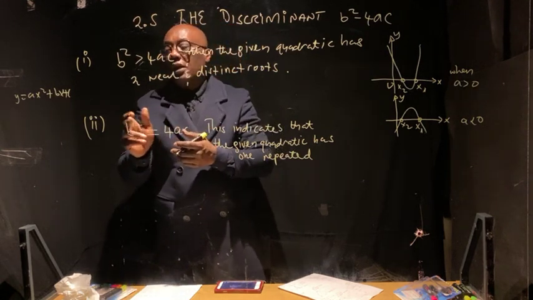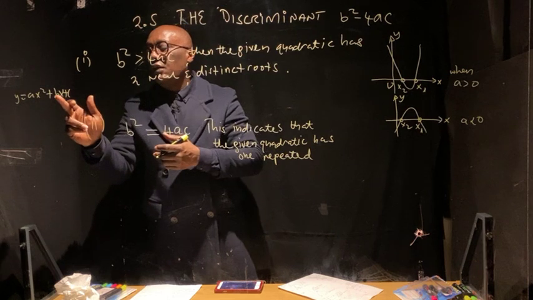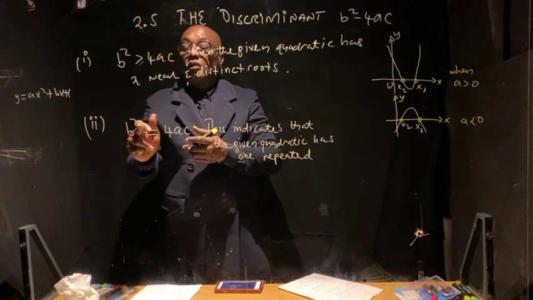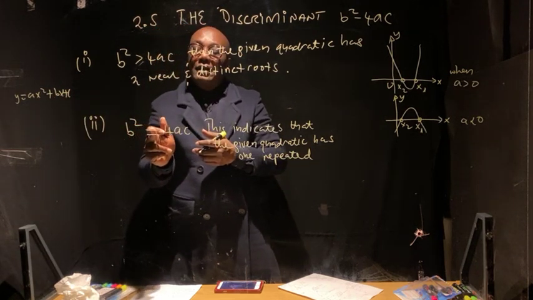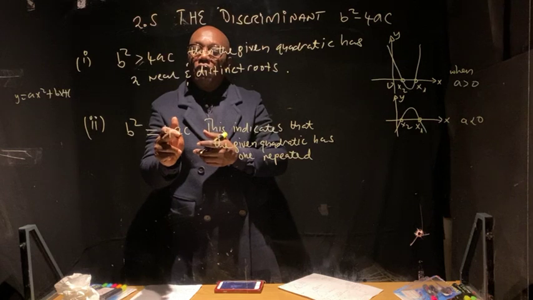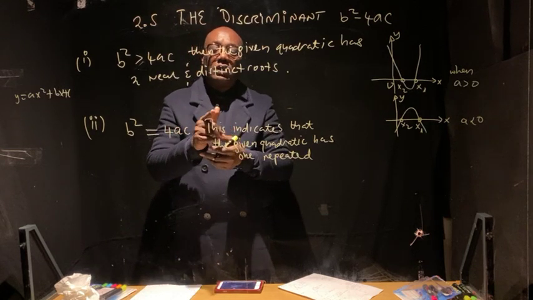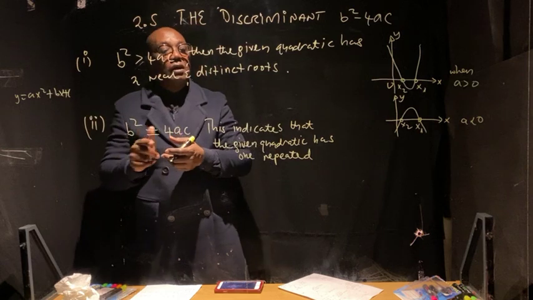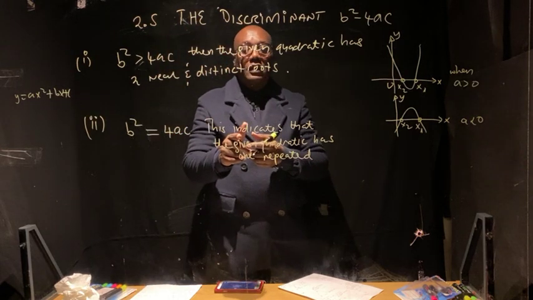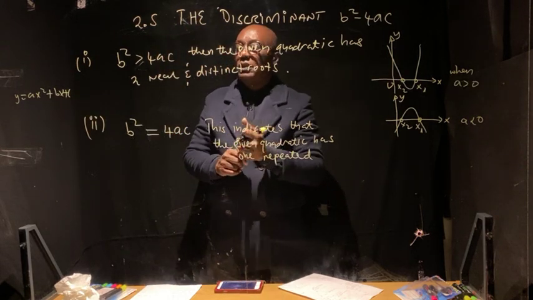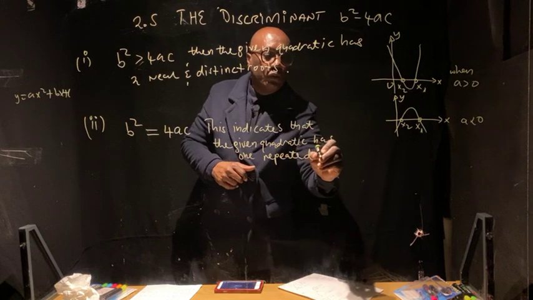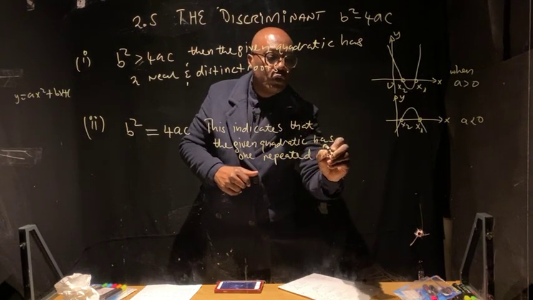When you square the coefficient of x, which is b, and it is exactly equal to 4ac, then the given quadratic equation you are considering has one repeated root.